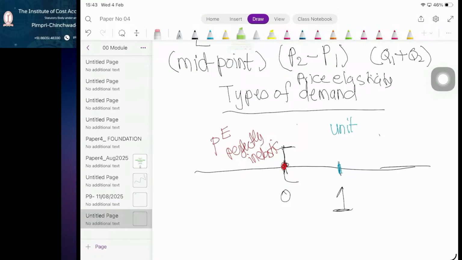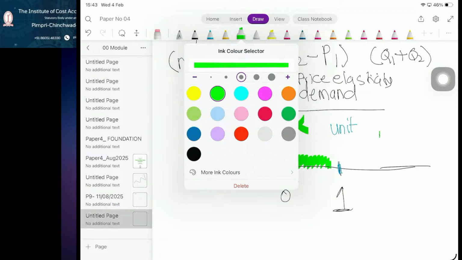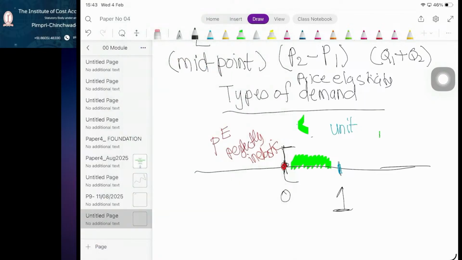Yes, if it is anywhere here, it would be less than 1, right? Price elasticity of demand would be less than 1. And here it will be greater than 1.